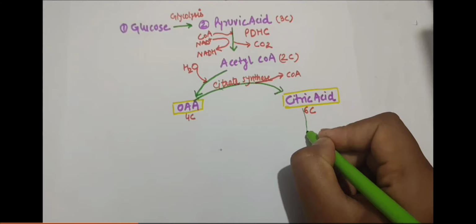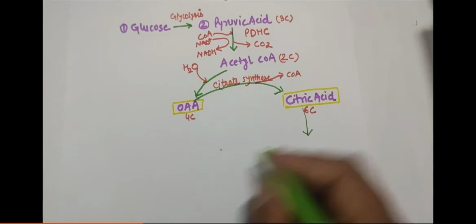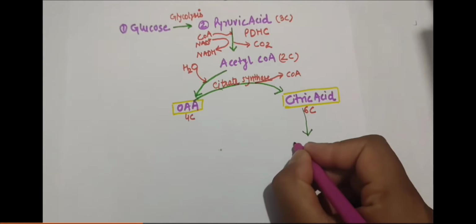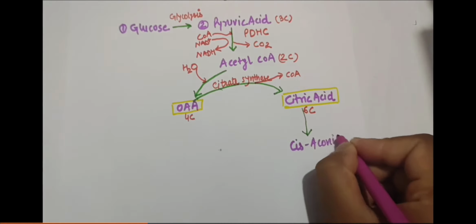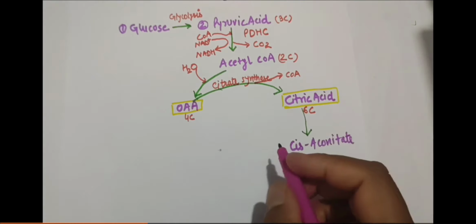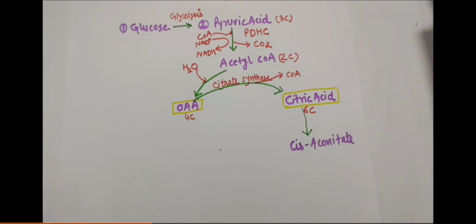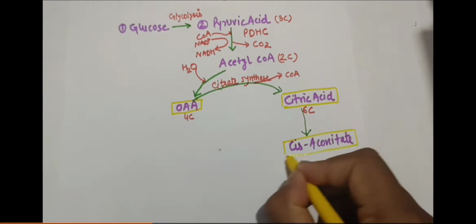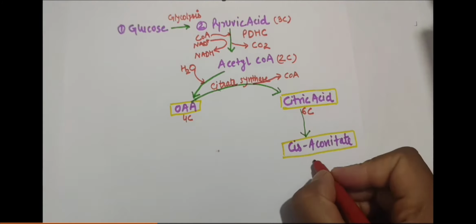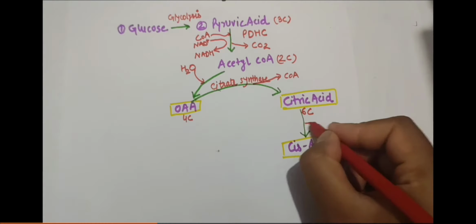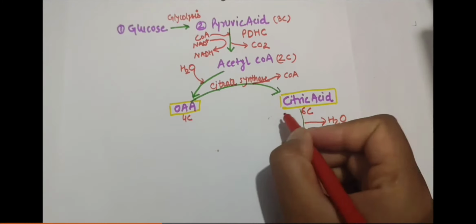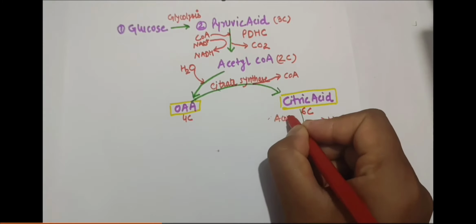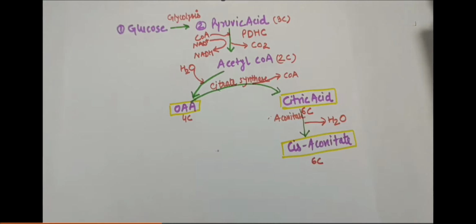Now the citric acid or citrate reorganizes and forms cis-aconitate, which is again a 6 carbon compound, and here water is released. The enzyme that catalyzes this step is called aconitase.